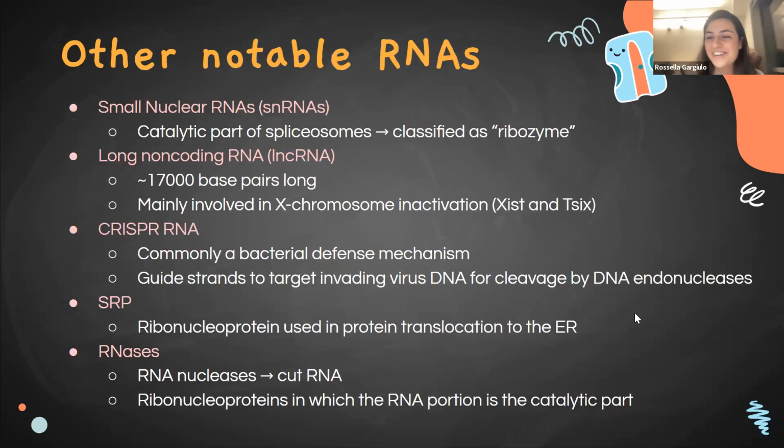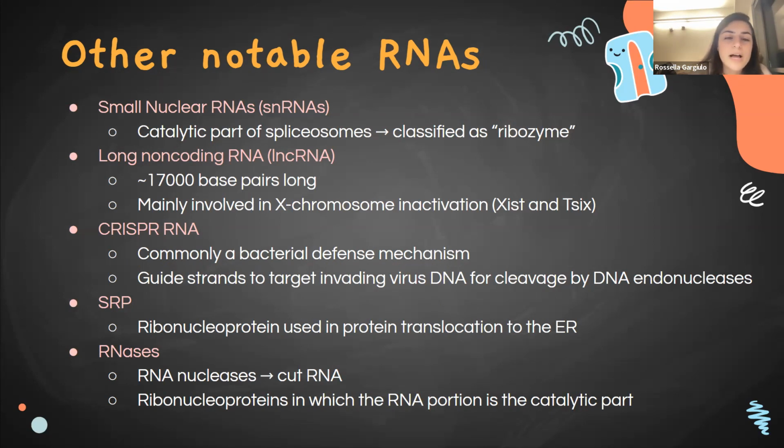So other non-coding RNAs, there are many different types. We have the small nuclear RNAs, which are involved in splicing. The five snRNAs are needed to make a spliceosome. And because the catalytic part of the spliceosome is non-coding RNA, it is also classified as a ribozyme. Then we have long non-coding RNAs, and these are involved in X inactivation.